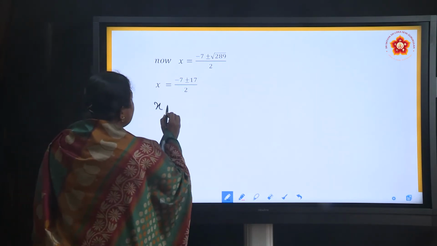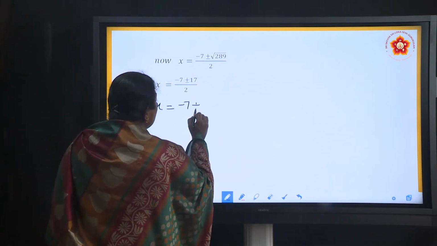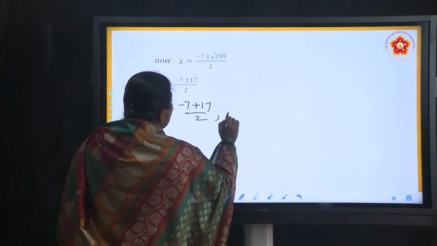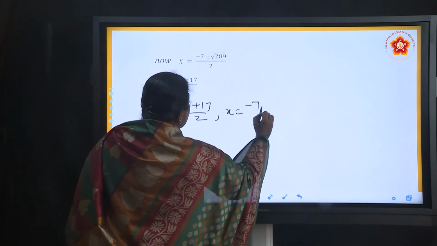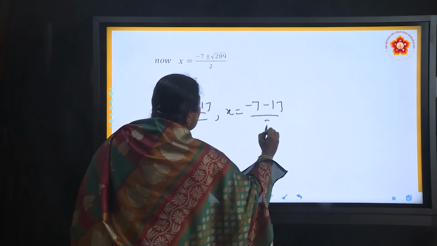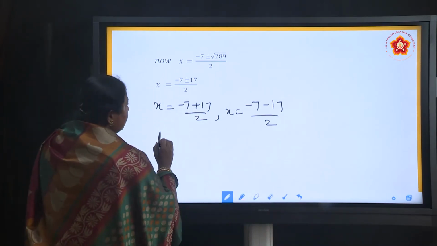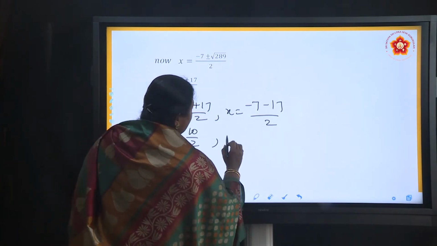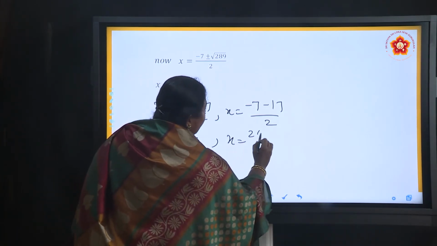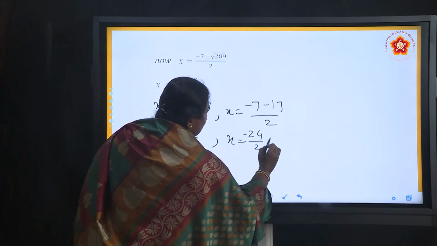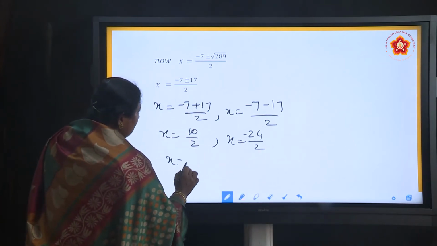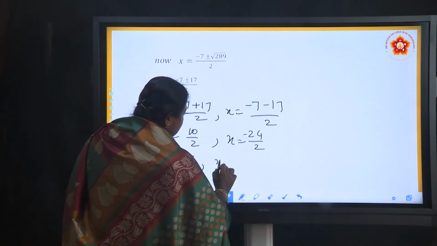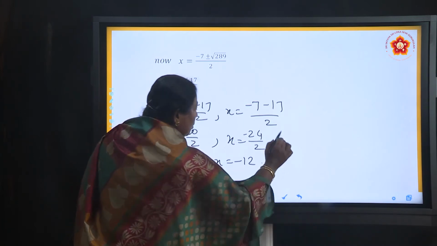Write it separately. x is equal to minus 7 plus 17 by 2, comma x is equal to minus 7 minus 17 by 2. So what do you get here? x is equal to 10 by 2, comma x is equal to minus 24 by 2. So you get x is equal to 5 and x is equal to minus 12.